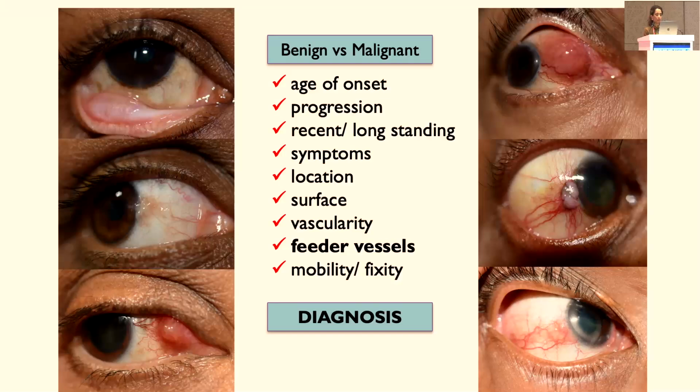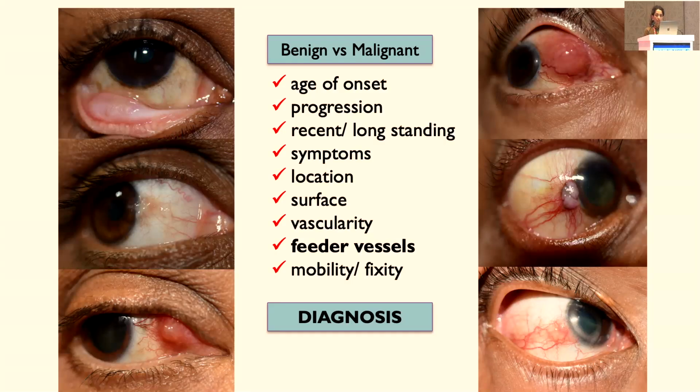Now, very basic: we know that benign and malignant lesions have certain characteristic features which differentiate them. Age of onset, progression, whether it's recent or long-standing. For example, if it's a recent, rapidly progressive lesion, be it in any part of the body, it probably is a malignancy.